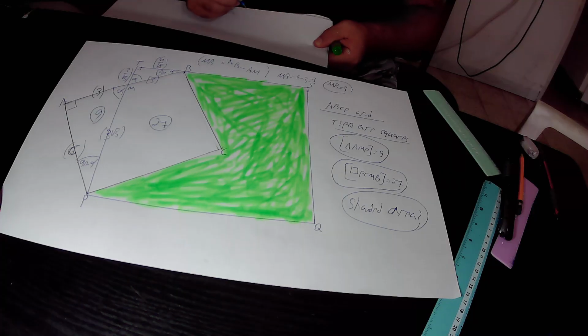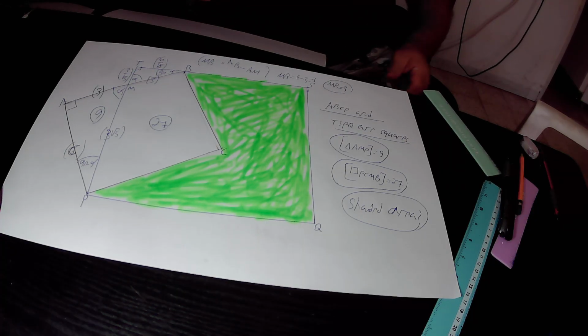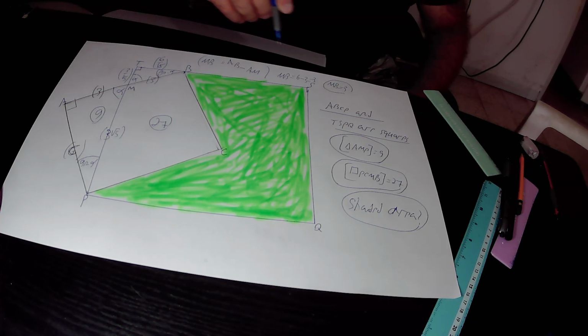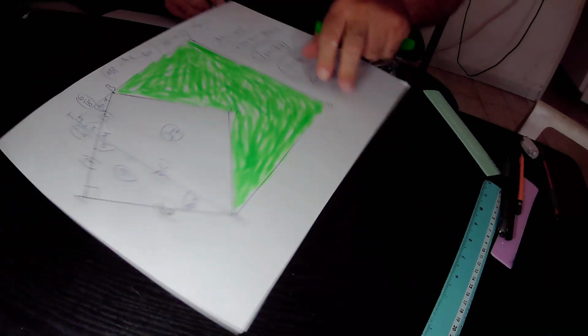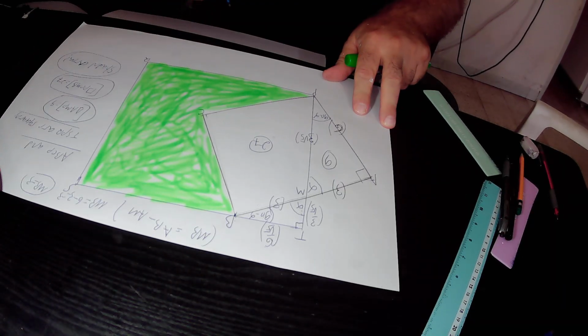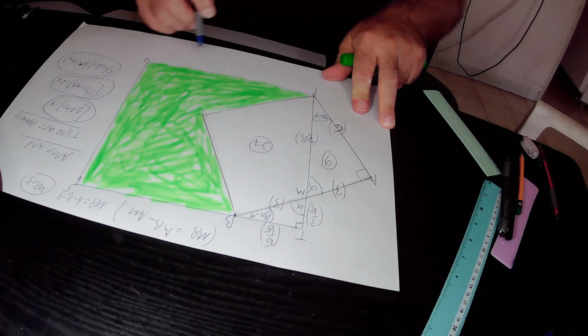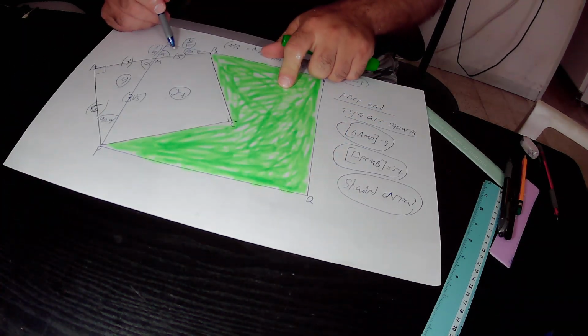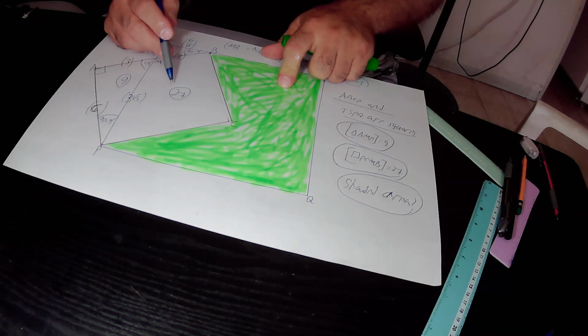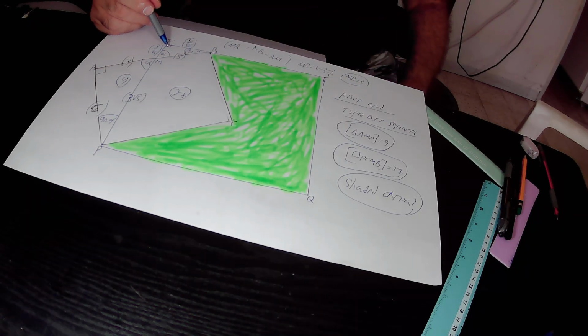From the drawing, it is very easy to see that the area of the green shape equals the area of the big square TSQP minus the area of this quadrilateral MBCP, that is 27, minus the area of this small right triangle TBM.